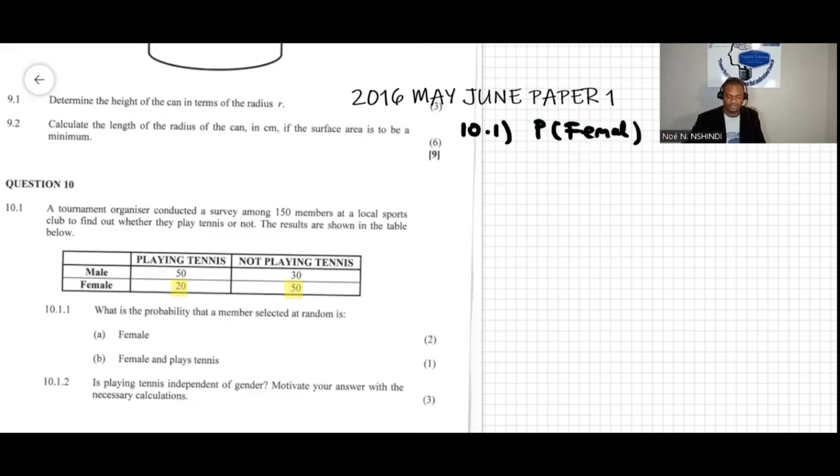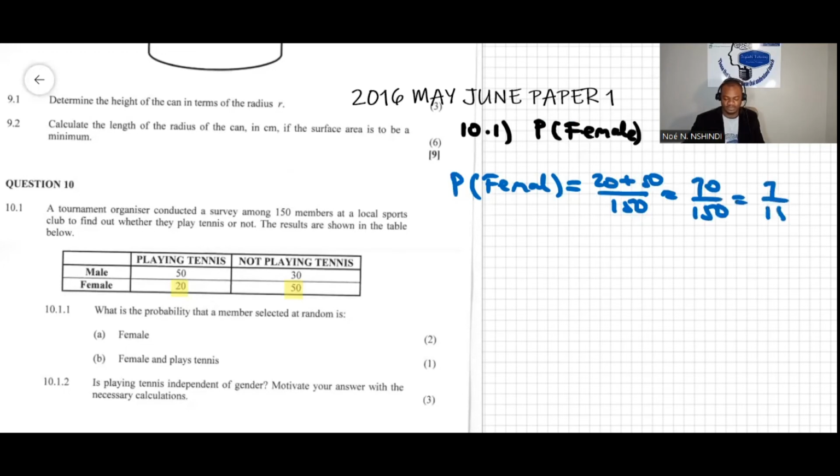So the probability of getting a female must be 20 plus 50 all over 150, which is 70 over 150, which can be reduced to 7 over 15.